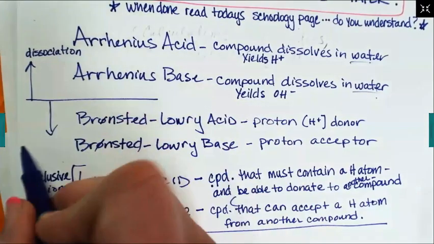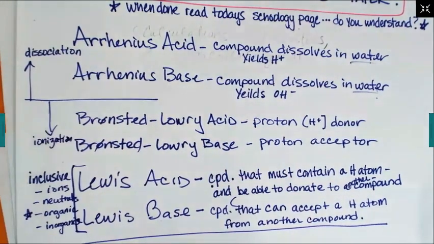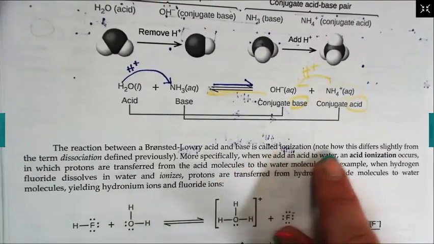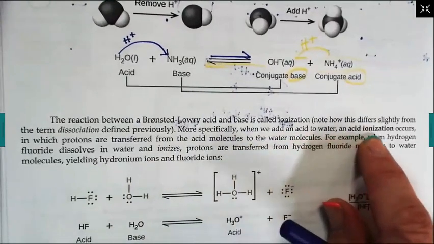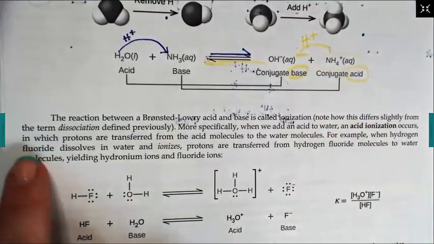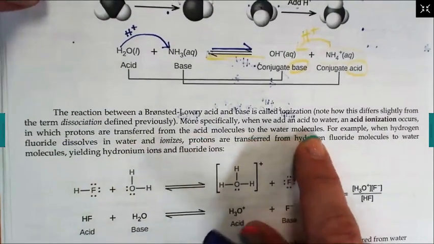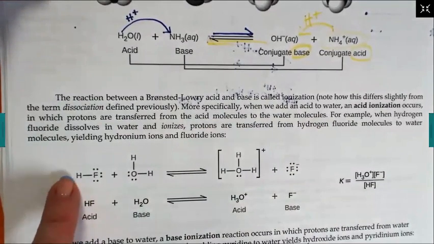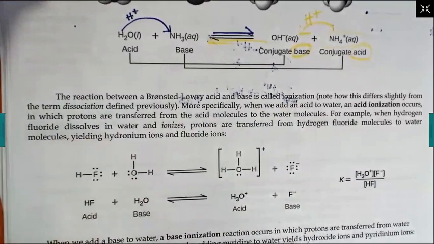Down this way, we call it ionization. More specifically, when we add acid to water, acid ionization occurs, in which protons are transferred from the acid molecules to the water molecules. So acid ionization occurs when this proton is transferred from the acid to the water. That's acid ionization.